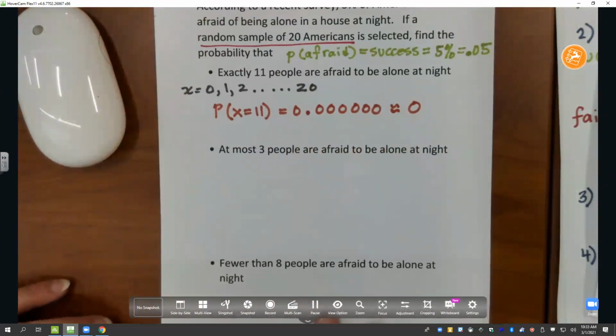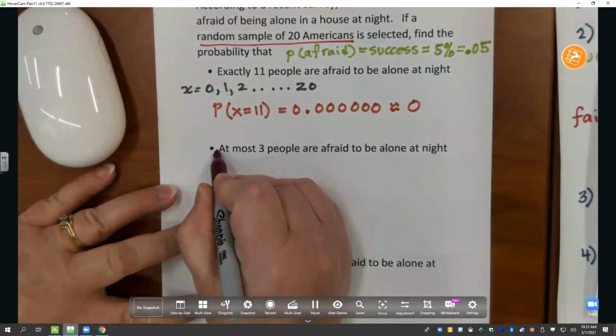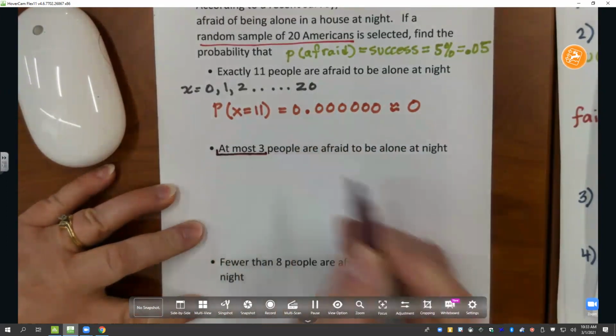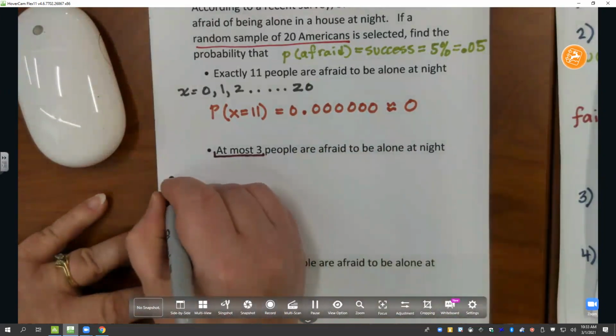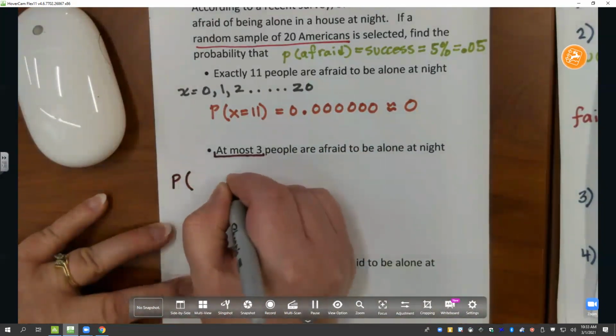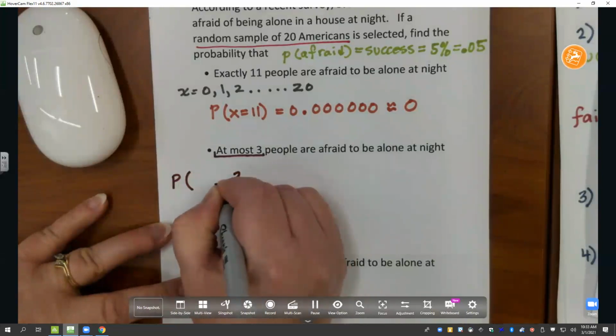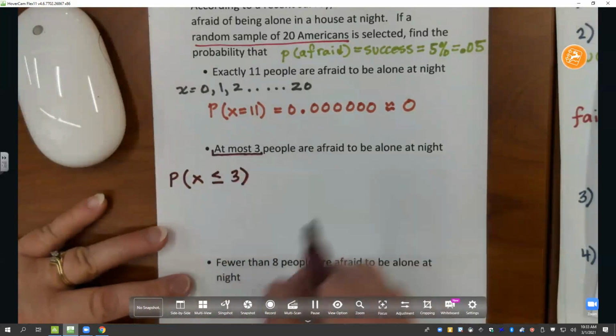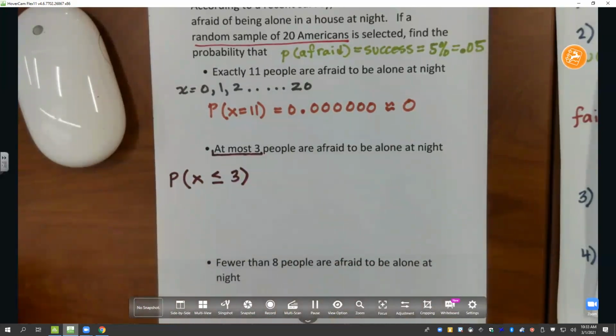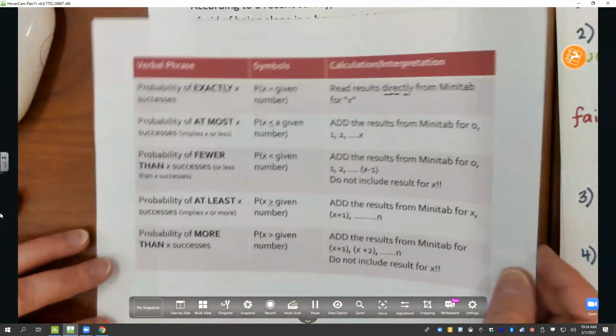But then the second question, and again, I'm trying to give you an example of all the different options you might see. The second one says, at most 3. Okay, again, you got to think about what at most means. At most means it could be equal to 3, but it could also be less. So you're looking at less than or equal to 3. So I get my table.